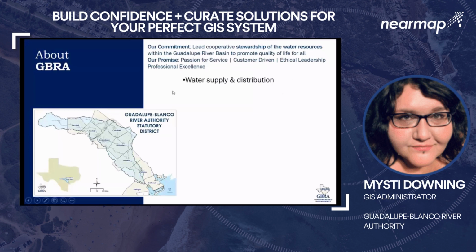I mostly want to mention what we do to indicate all the different ways that we are and could use GIS here at the River Authority. So we do water supply and distribution, wastewater collection services. That's our utility side of the business.